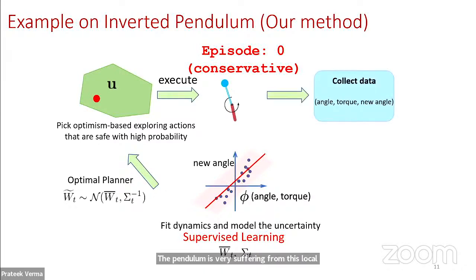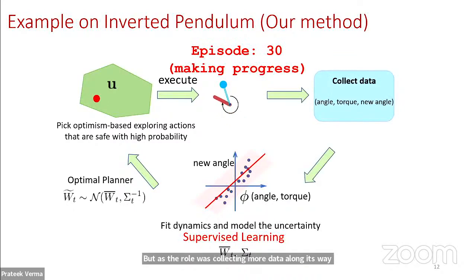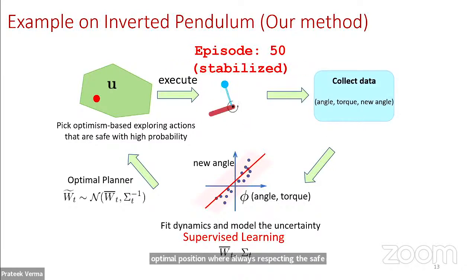But as the robot collects more data along the way, at episode 30, the robot is making progress towards the optimal position while always respecting the safety constraints. And at episode 50, the robot is successful in stabilizing this pendulum without any violation of these constraints.